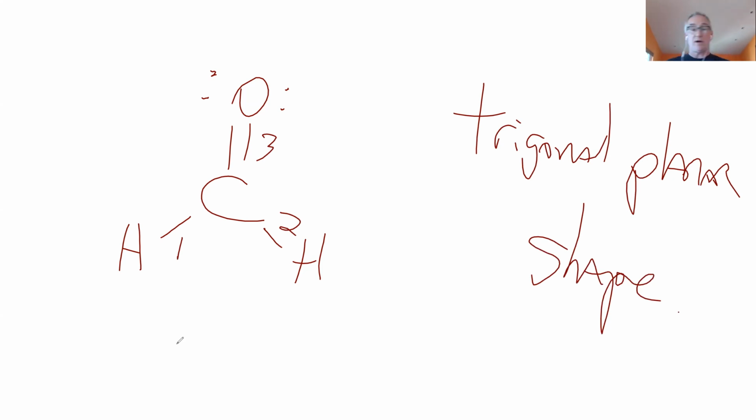Because what we're going to learn is that because there's more electrons here than there are here or here, this double bond will repel slightly these two groups of atoms away from the perfect 120 degrees.